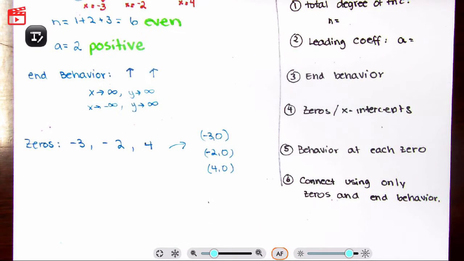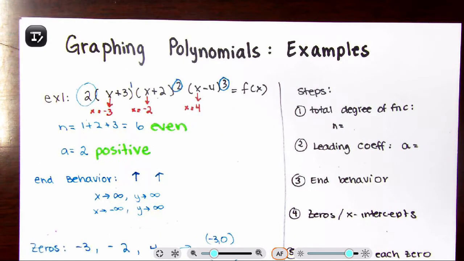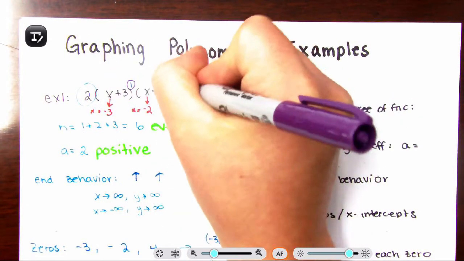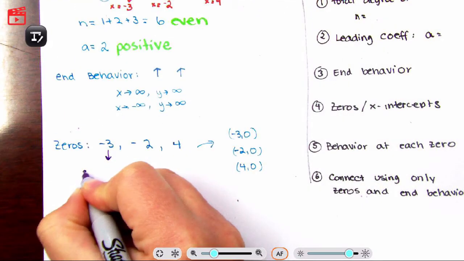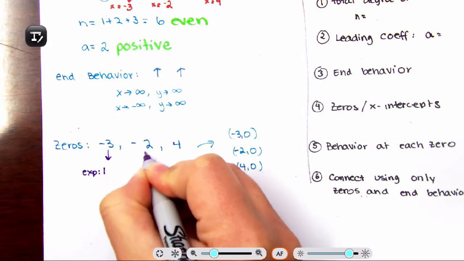Now we have to ask for the behavior at each 0. For the behavior at each 0, what we're looking for is the exponent for each bubble. So here's 1, here's 2, here's 3. Those are the exponents.